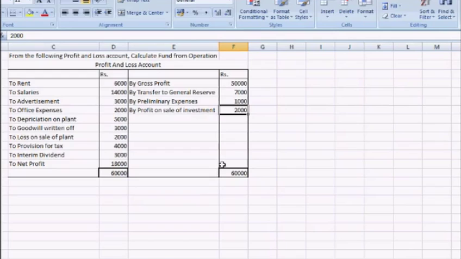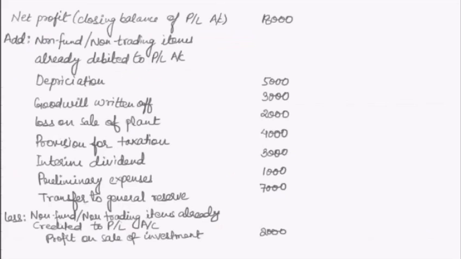Now there is no element left, so we just calculate all these values. We have 18,000, for this we have 25,000. So there is a total of 43,000.